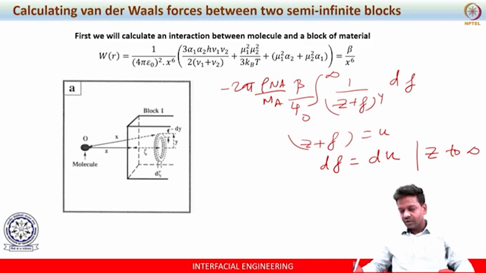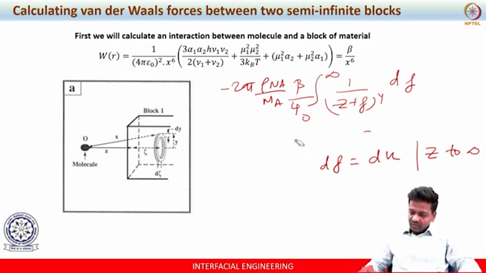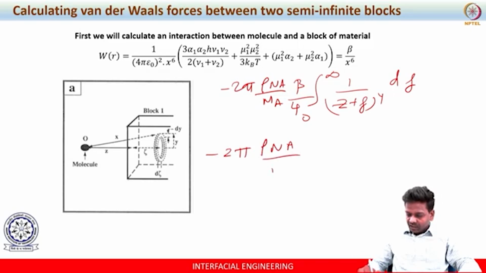So, that is exactly what you have to substitute here. If you substitute again, the final equation will be minus 2 pi rho Na by Ma, beta by 12, and z cube.